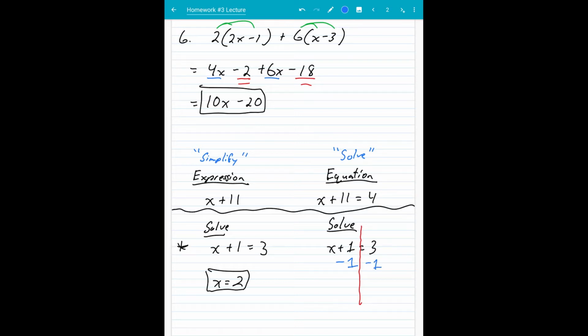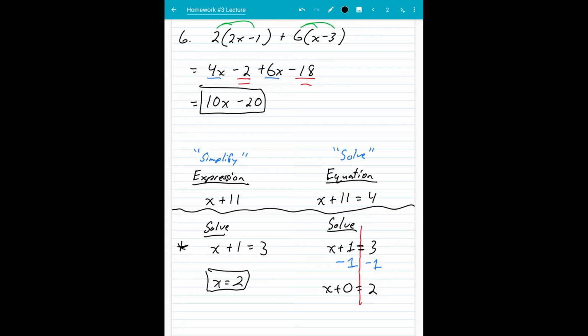So if I subtract 1 on one side, I have to subtract 1 on the other side. Think of this equal sign right here as your line of equality. So what happens here is the plus 1 and the minus 1, x plus 1, and then if I subtract 1, this becomes 0. So my next equation becomes x plus 0 equals 2.